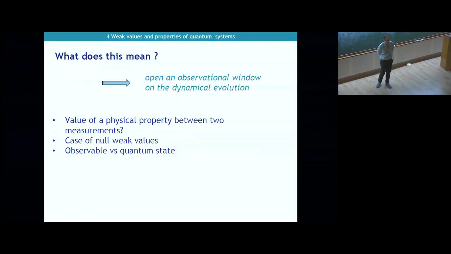So the question is, when you ascribe a property to a quantum system, should you attach this property to the quantum state or to the observable? If you're pragmatic, then you would just look at the pointer, but then you want to understand what the pointer is telling you. So the pointer is moving according to the weak value, but the quantum state is not changing.